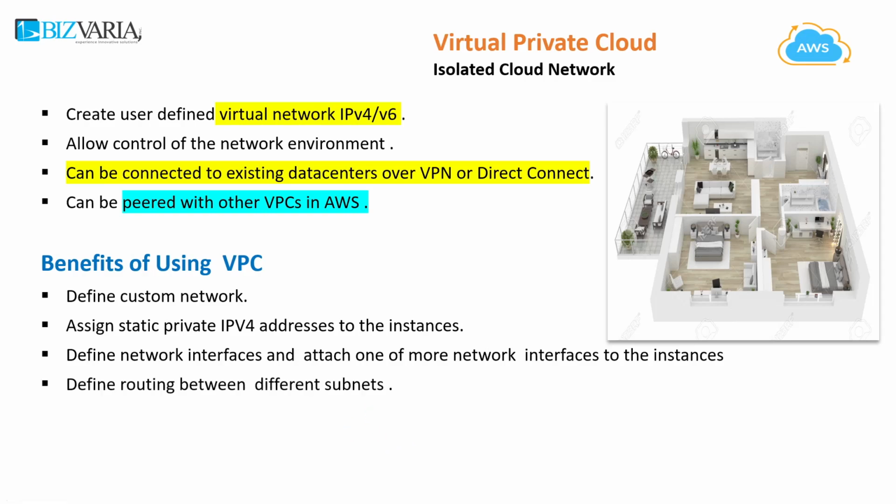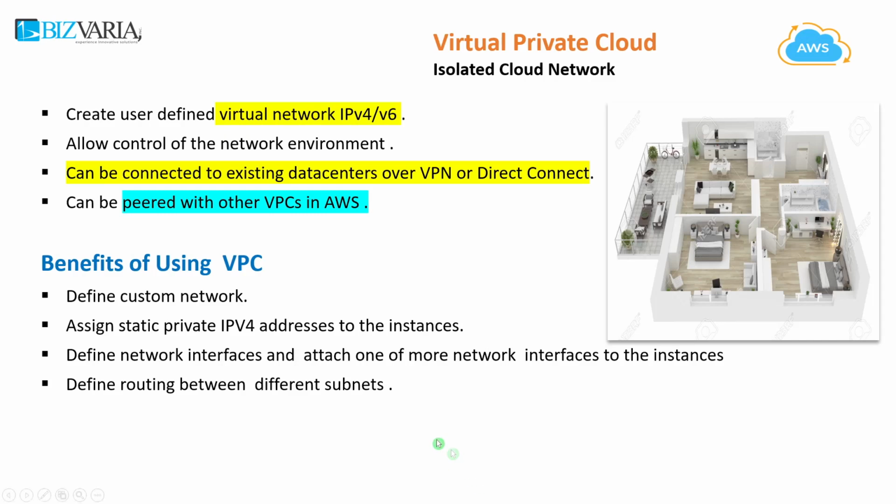So you can define the routing between different subnets. If you're running a public subnet and a private subnet, you can define the range of IP addresses and how they are going to communicate. You have total control when you have this kind of isolated logical virtual private cloud environment.